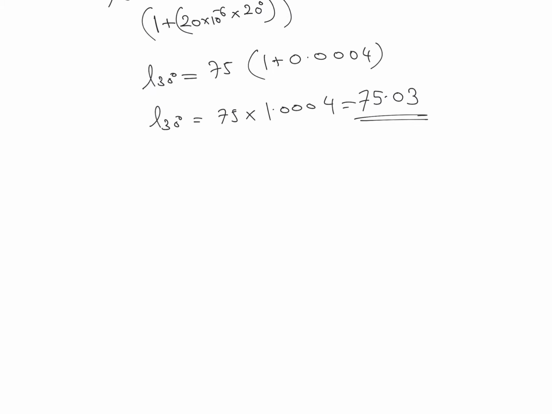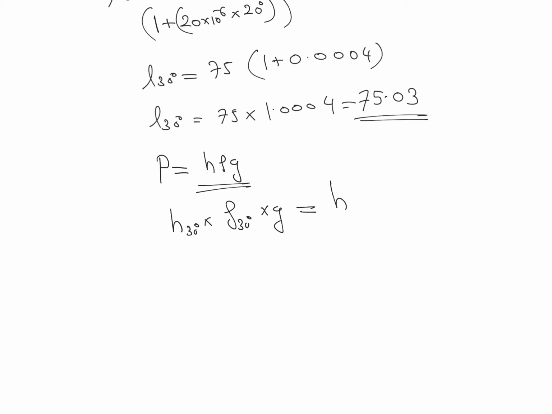We consider that the pressure exerted by a liquid column we find using the equation h rho g. The atmospheric pressure is not going to change, it is a constant, but due to the increase in temperature, the density of mercury changes. So this equation can be written as height of mercury column at 30 degrees Celsius into density of mercury at 30 degrees Celsius into g gives the value of atmospheric pressure, which is not going to change.